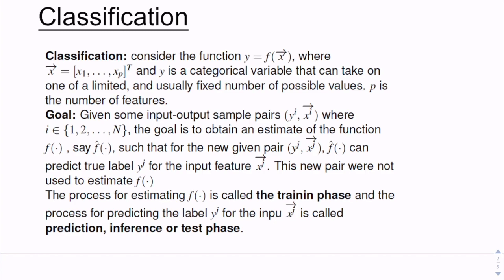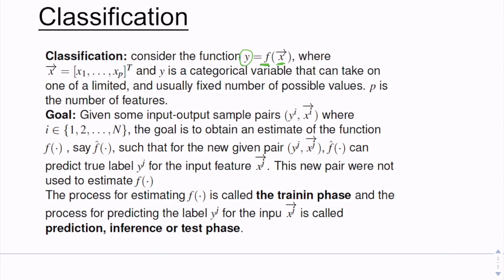So we would like to estimate a function called f, whose input is a vector of dimension p, and the output is a categorical variable. Could be a number, could be a string name, could be any type of object, but the characteristic of this output should be a discrete value rather than a continuous value.